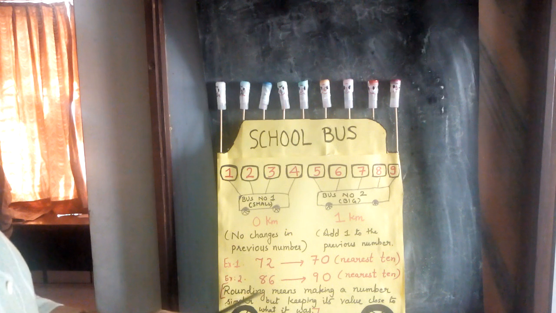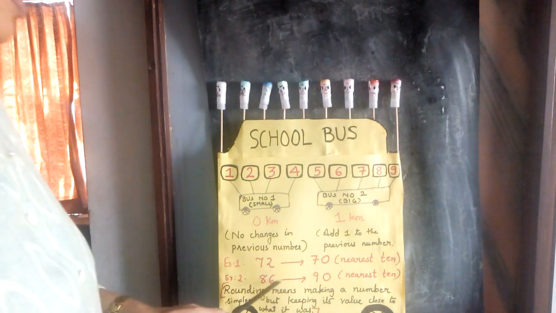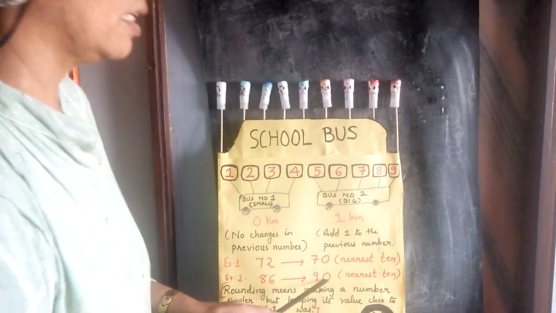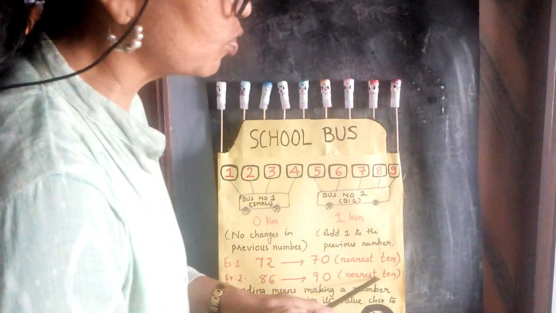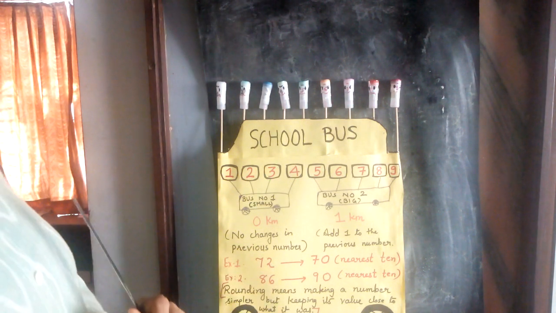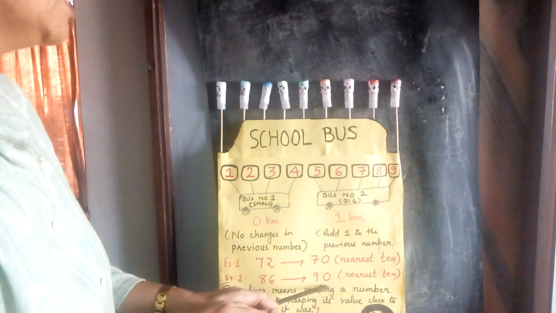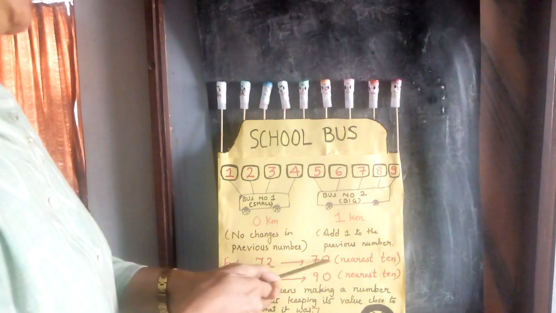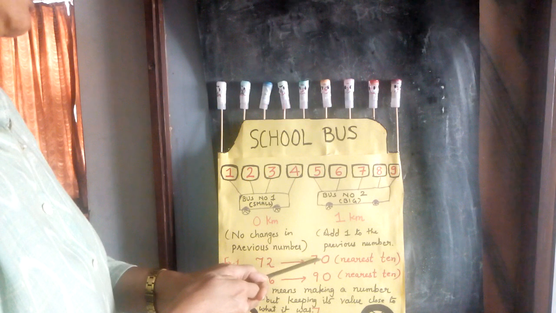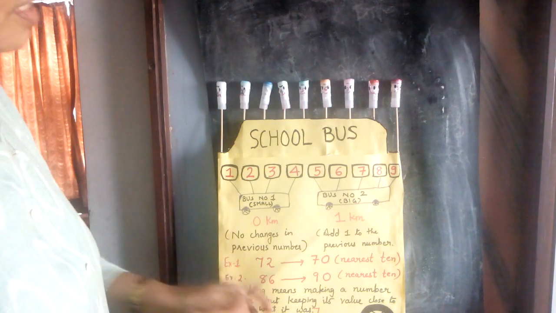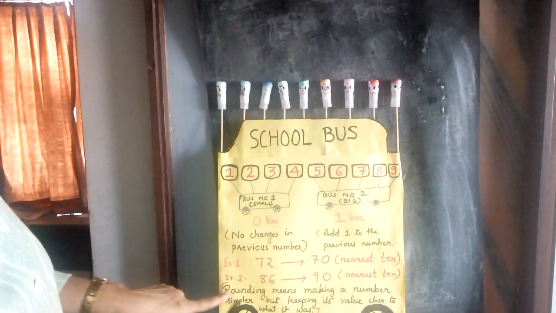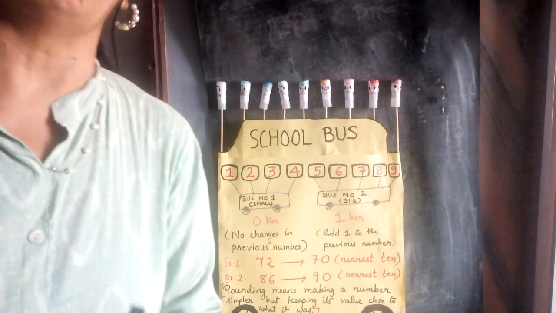And this example 2, 86, which I have rounded up to 90. That also I have rounded off to the nearest 10. Now you will ask me, Miss, why didn't you write 80 instead of 90, and 80 instead of 70? So now see children, rounding off.